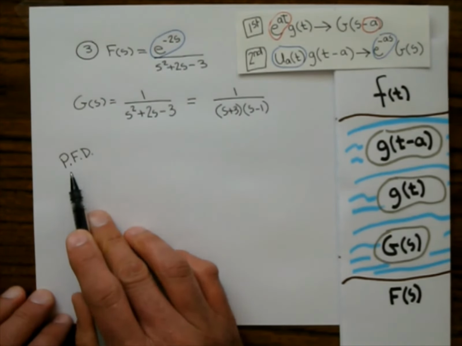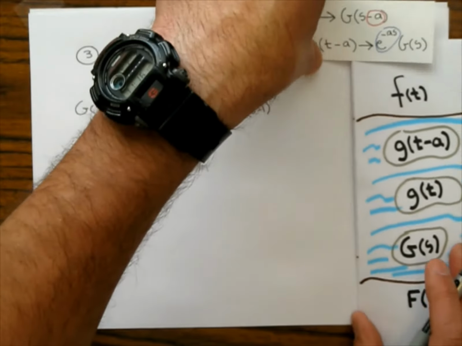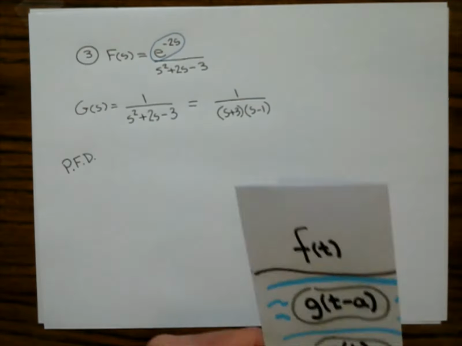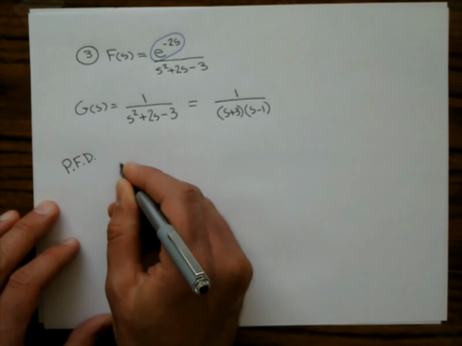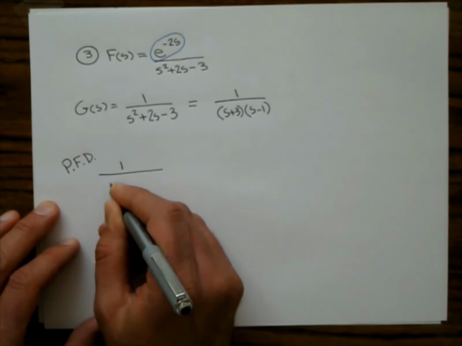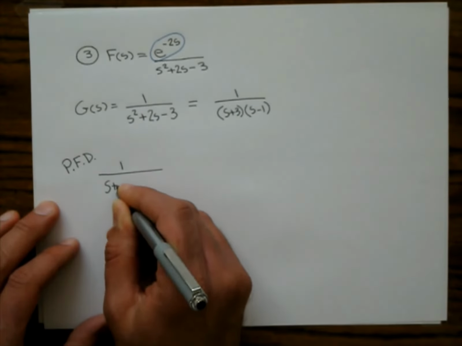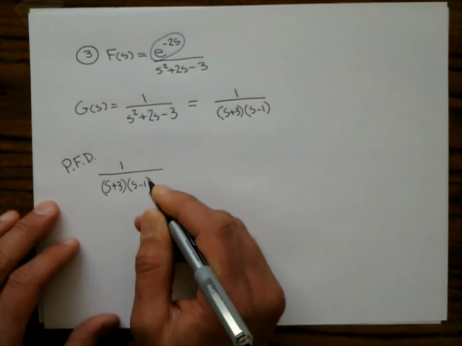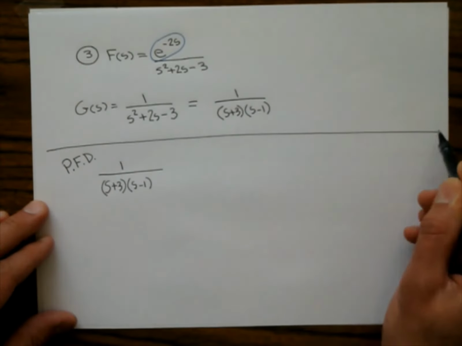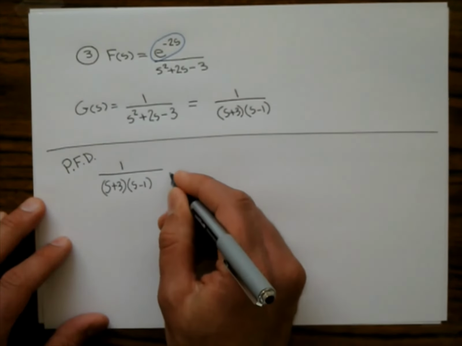So here it goes. Let's move the river and everything out of the way because we have to concentrate on this. This is not going to be the worst partial fraction decomposition in the world, but let's put this up. 1 over s plus 3, s minus 1. So I'm just taking this problem off to the side, or below, and doing this.